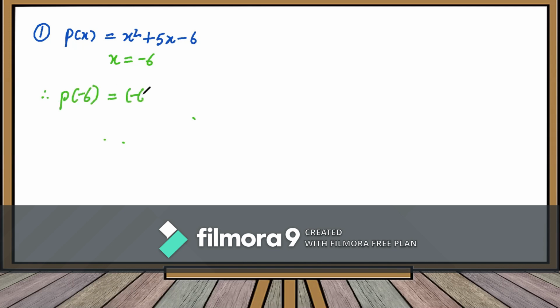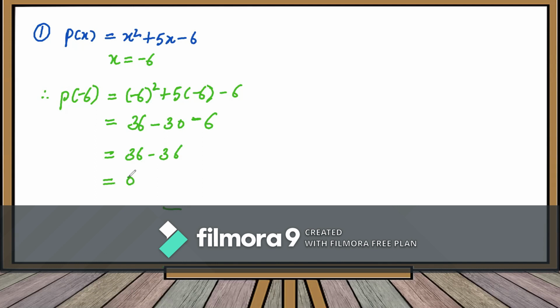This will be equal to (minus 6) whole squared plus 5 into minus 6 minus 6. We know minus 6 whole squared is 36. 6 5s are 30, minus 30, minus 6, just the way it is. And then it will be 36 minus 36, which is equal to 0.